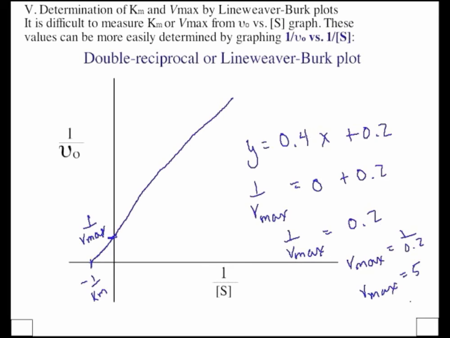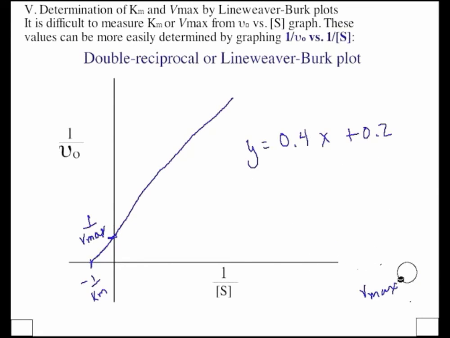You could do the exact same thing for finding the Km. Because you recognize that negative 1 over Km is equal to x when the y value is 0, so at that point, 0 equals 0.4x plus 0.2.